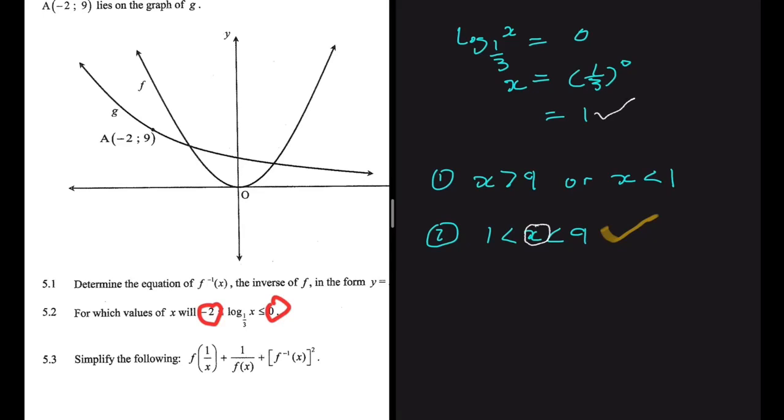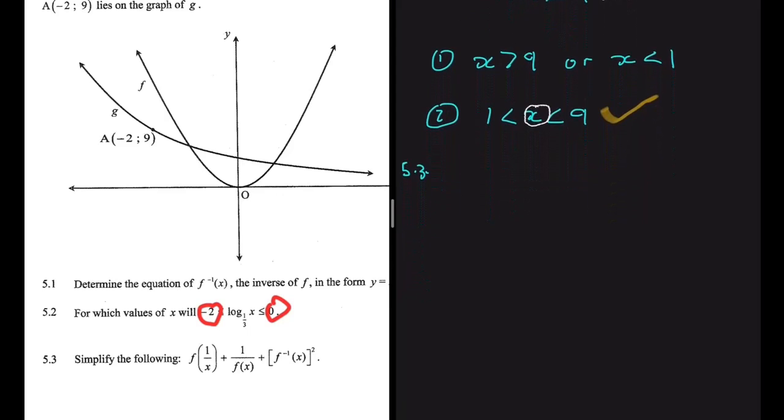And then now off to 5.3. So 5.3 is saying let's simplify the following. So we have f of 1 divided by x plus 1 divided by f of x plus f inverse of x squared, right?